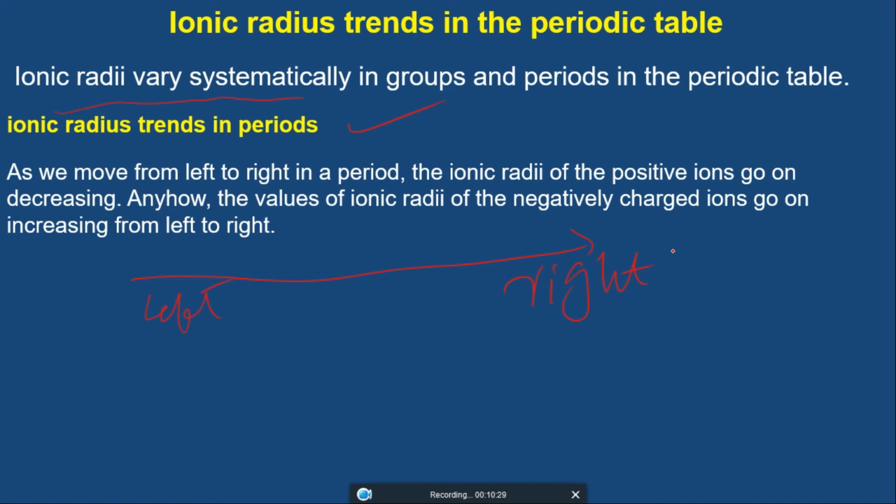That's why the ionic radius of cations decreases from left to right in a period. But the ionic radii of negatively charged ions go on increasing, because of repulsion of electrons and addition of new shells. These two factors cause the ionic radii of an anion to increase from left to right in a period.